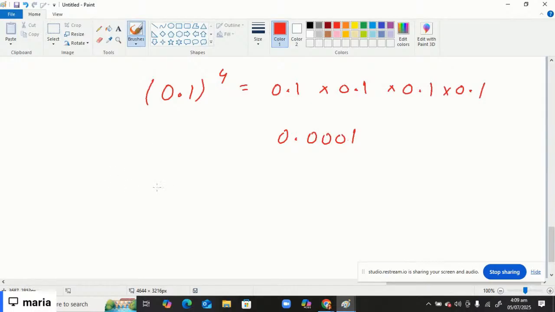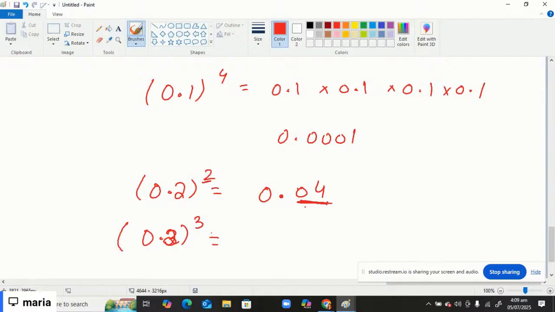Let's suppose I'm going to write 0.2 whole square. The terms only have two digits after the decimal point, two numbers, because the power is 2. If, let's suppose, 0.2 power 3. So what does it mean?